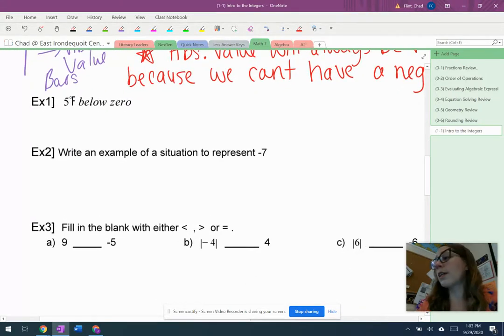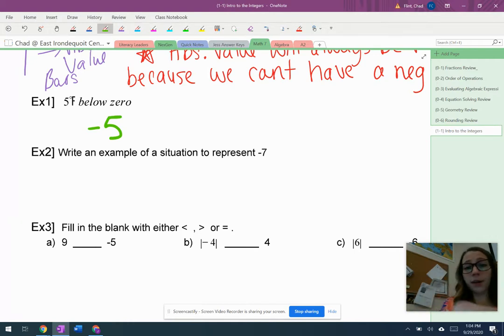All right, couple examples. So example 1 here is asking you to write an integer to represent 5 degrees below 0. Well, 5 degrees below 0 would be negative 5. And now number 2 is just asking you to kind of go backwards. I gave you a situation for example 1, and you wrote an integer. I'm giving you an integer of negative 7, and I want you to write a situation in real life that comes up with something like that.